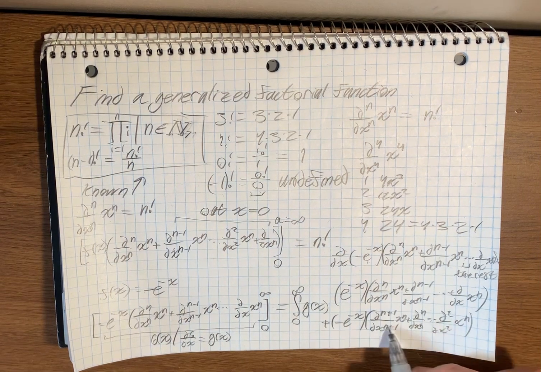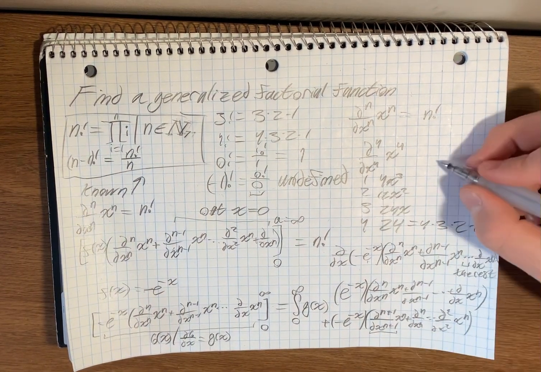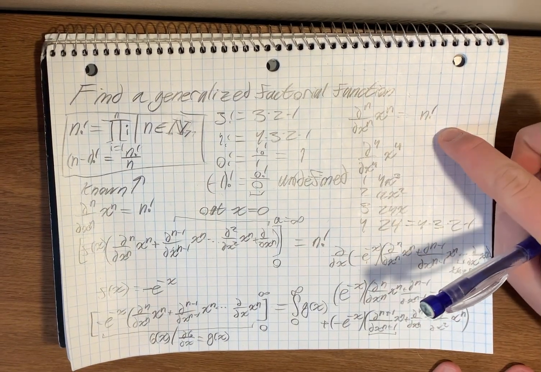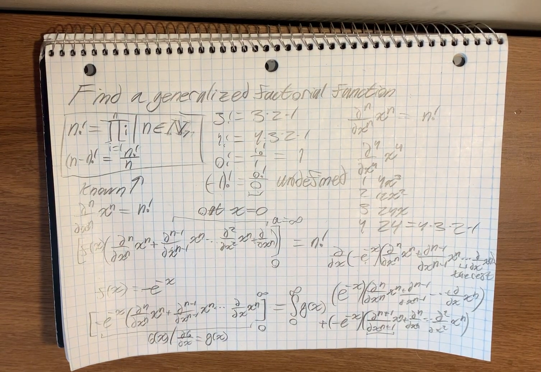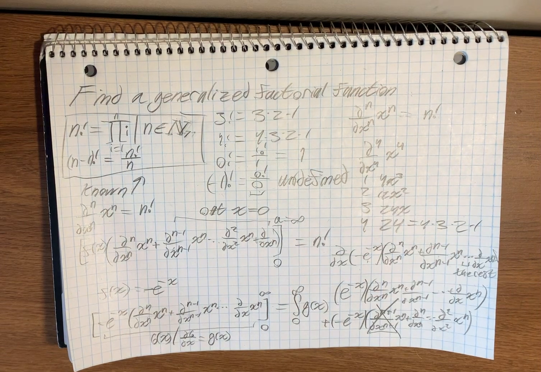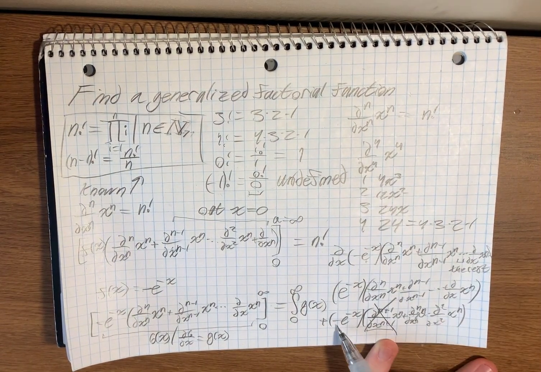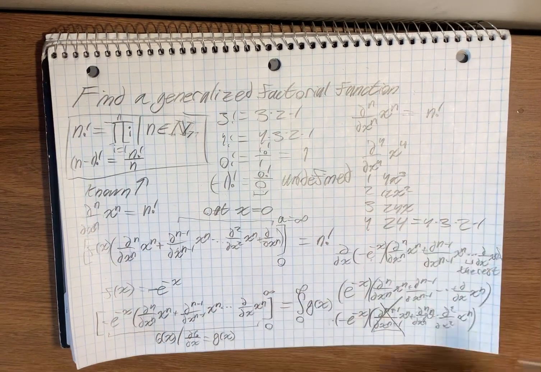And what you'll notice is that, first of all, this term, if we remember, the nth derivative of x to the n is just n factorial, which is a constant with respect to x. The derivative of a constant is just 0. So this term's going to cancel out. And we're left with this, right? This negative here, we can just factor this out.